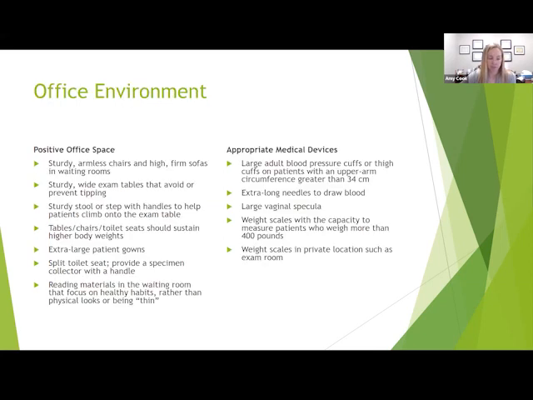This is also from the Obesity Medical Association. Going further than just the language, we can provide a comfortable environment for patients that is non-biased, so that it is safe, accessible, accommodating, comfortable, welcoming, and non-shaming to people with obesity.